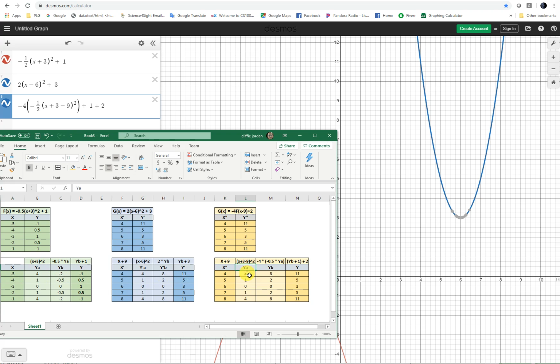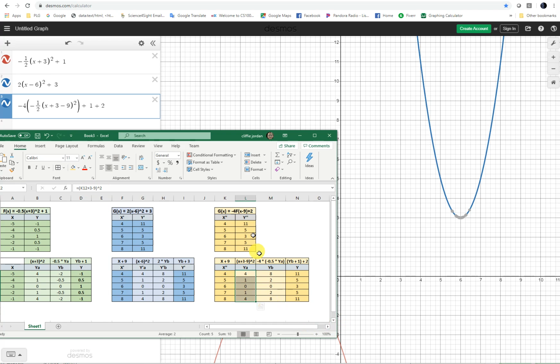Then for y, this first step is I take the formula x plus 3, which is the original f of x formula, minus the 9, and then quantity square that. And that's what I did right here. So I notice I got that x value plus the 3 minus the 9, quantity squared. Okay? And so that gives you this step here.